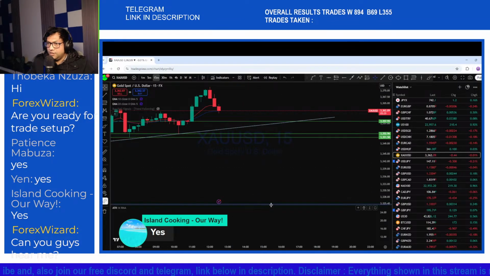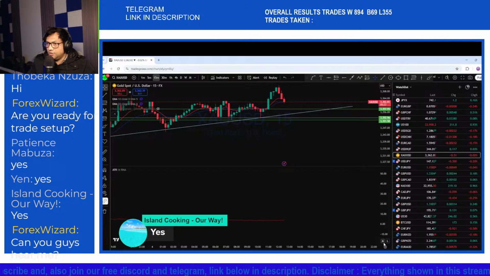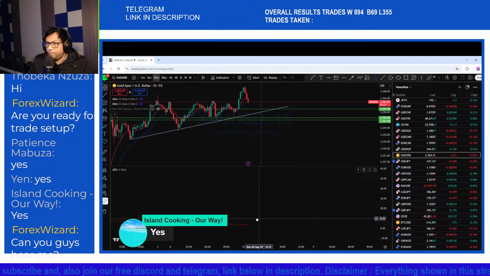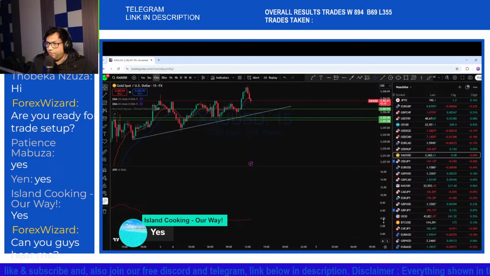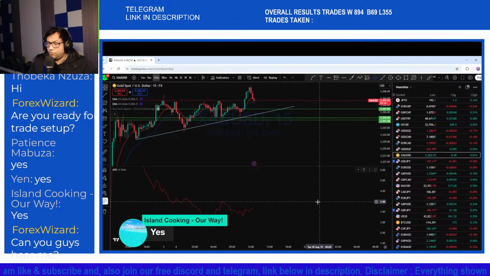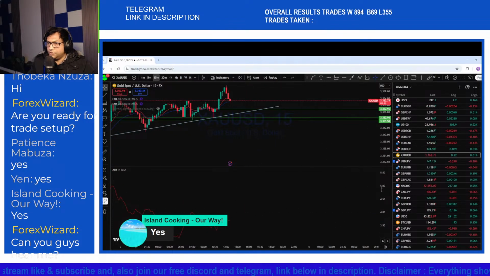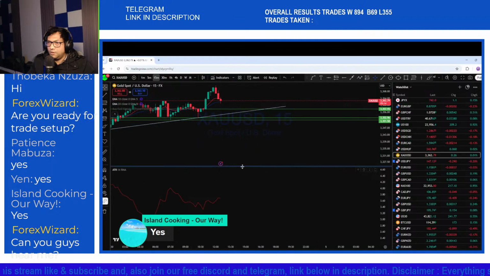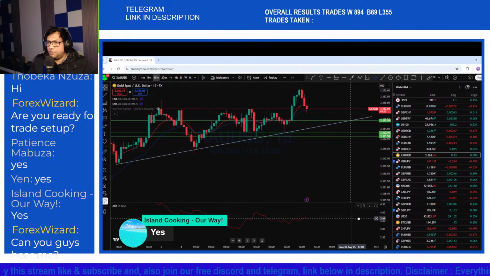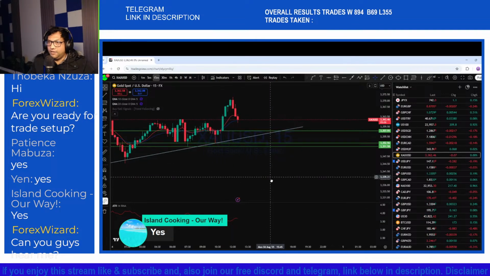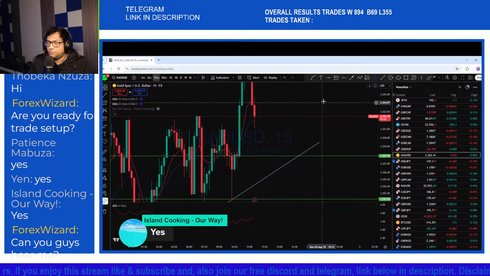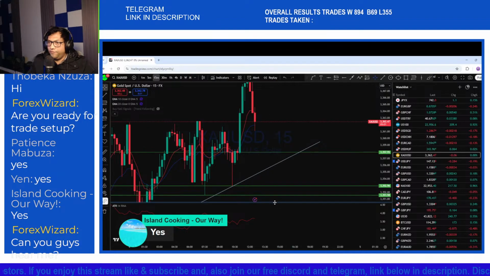If you look at the 15 minutes chart, the ATR for 15 minutes at the moment, just for stop loss purposes, is around 38 pips.